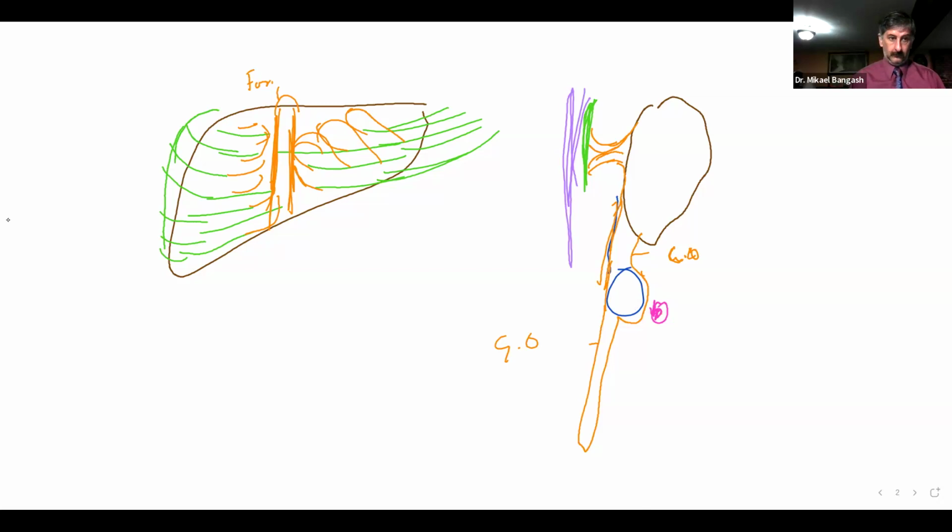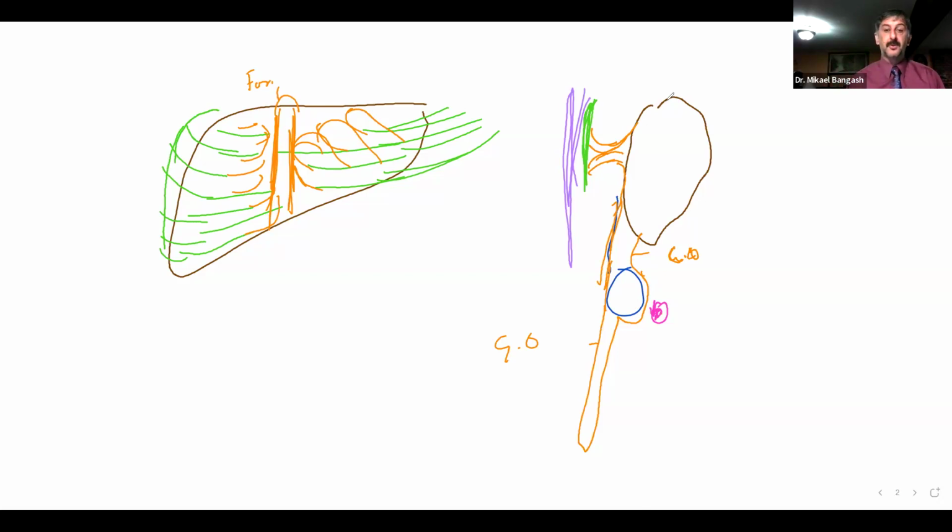Well, all the other structures we saw: the stomach is completely covered, both from front and back. So is the liver, completely covered from front and back. So is most of your large intestine, completely encircled in peritoneum.